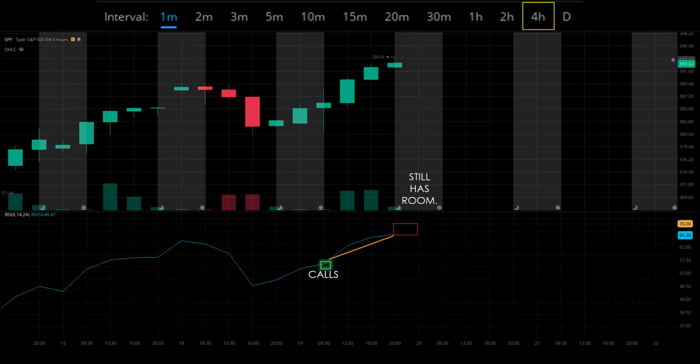I will cycle through, and if it's overbought on the 3-minute, I don't panic and sell my stuff. I cycle all the way through up to the daily to ensure that there could still potentially be some room for a continuation, which is exactly what happened. Now, again, practice is what makes this possible.